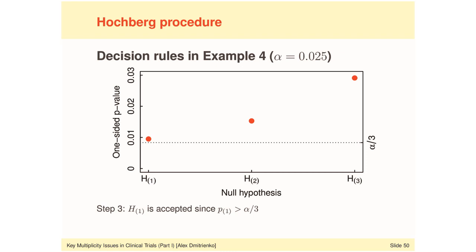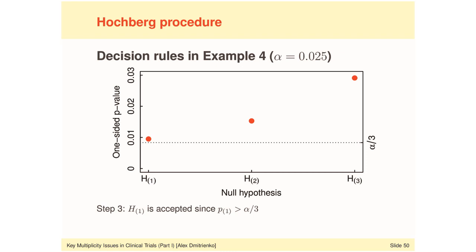Here's another example of the differences between the Hochberg and Hommel procedures. As I explained a couple of slides back, the price we have to pay for failing to borrow power and utilizing all of the available p-values in this particular case is that the last hypothesis in the sequence is not rejected by the Hochberg, because, as you can see at the bottom of the slide, the smallest p-value is not below the appropriate threshold, and this threshold for the Hochberg procedure is alpha over 3.